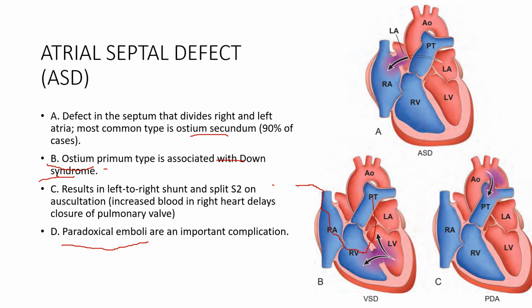But in this case, what will happen is that there is a shunt in between the right and the left atria. So the emboli will travel from right to left atria and then the left ventricle and then towards the aorta, and it can cause cerebral stroke, renal stroke, all those kind of stuff.